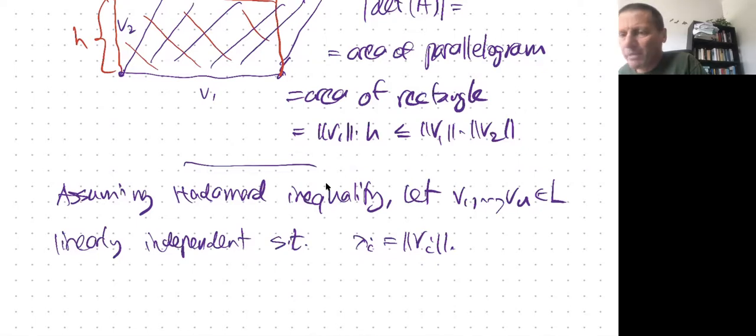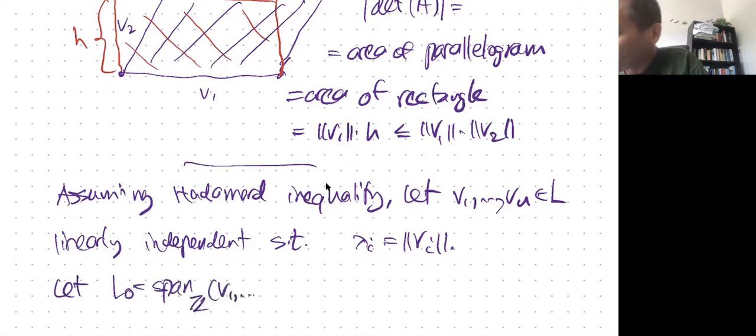They don't have to be a basis for the lattice. We don't know that they generate the lattice over Z, but they belong to the lattice and they span Rn. And so let L0 be their span over Z. So this is some sublattice in general of L.